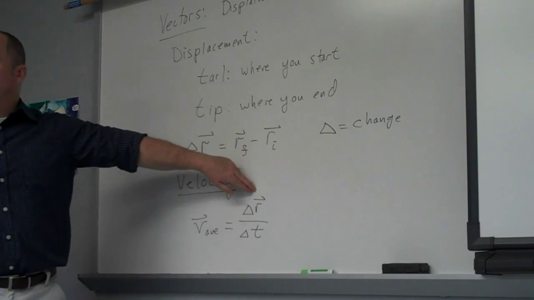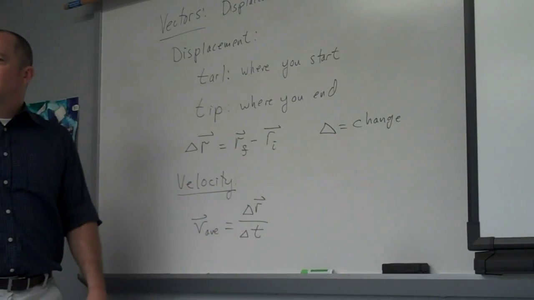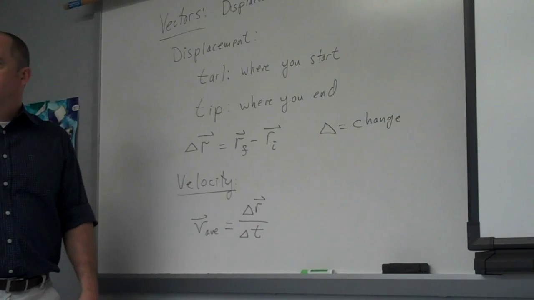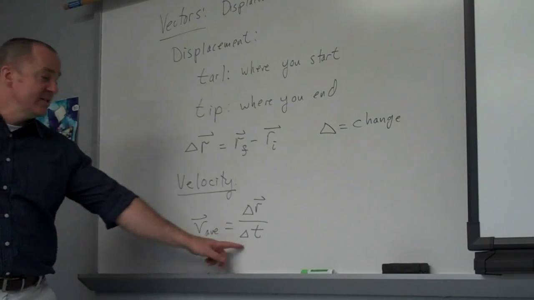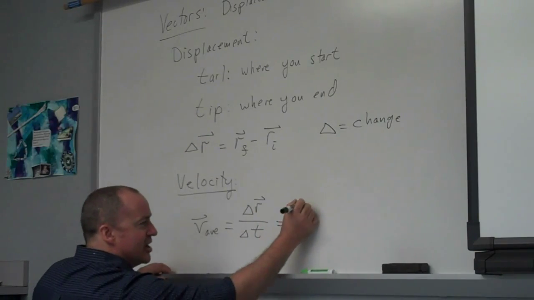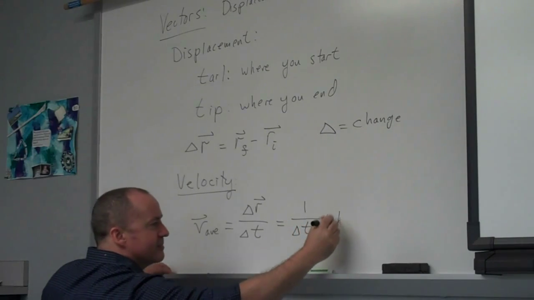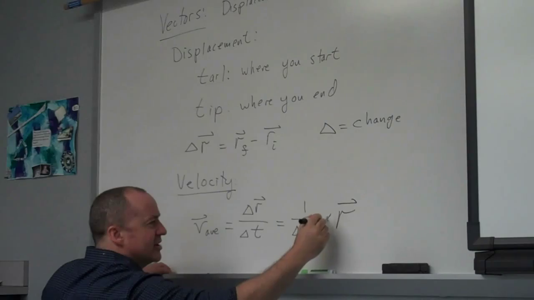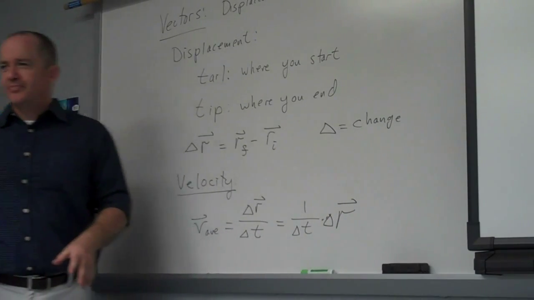Your displacement vector is a vector. Does it look like I'm writing time as a vector? No, it looks like I'm writing time as a number, or a scalar. So time is a scalar, r is a vector. Another way I can write division is multiplying by a reciprocal. So I can write this, leaving out my triangle, as a scalar times a vector.